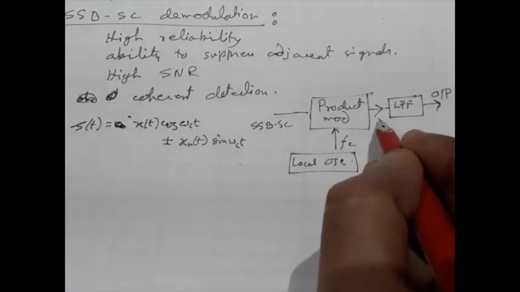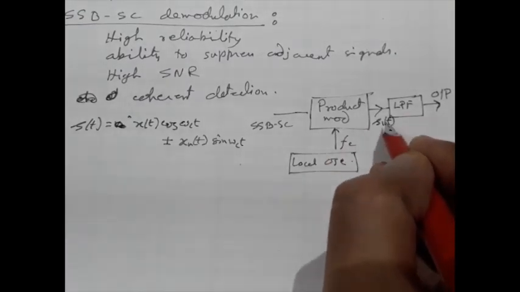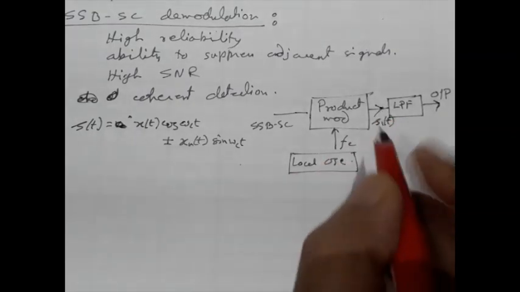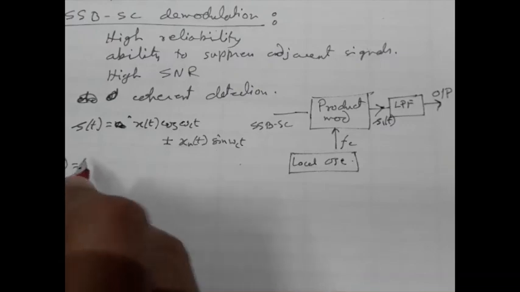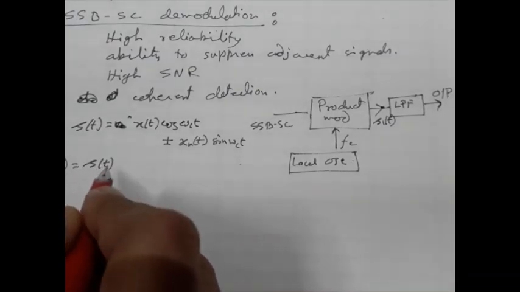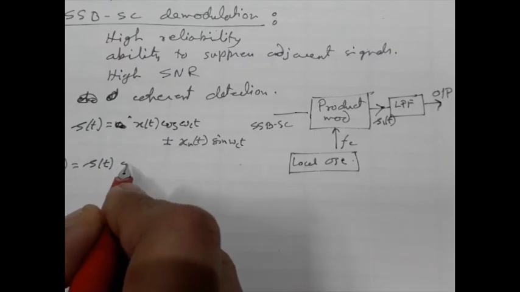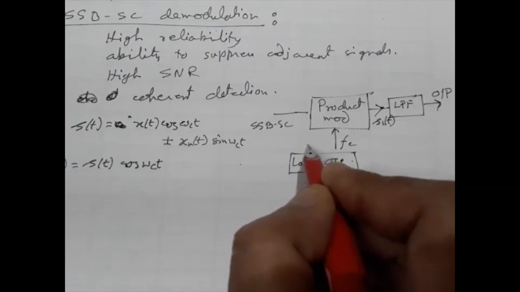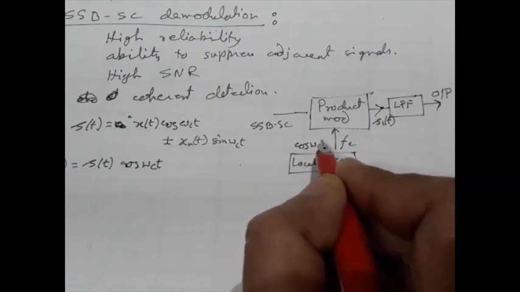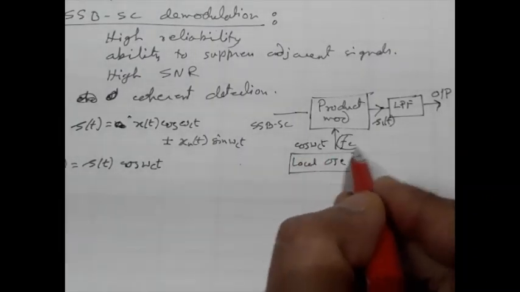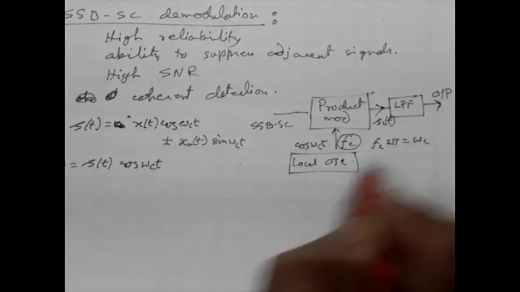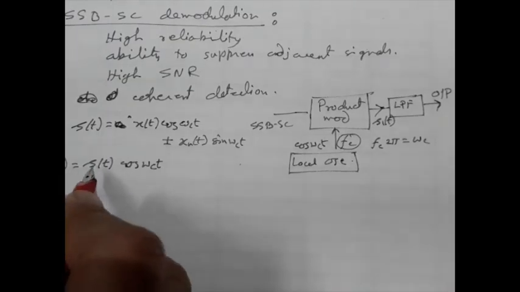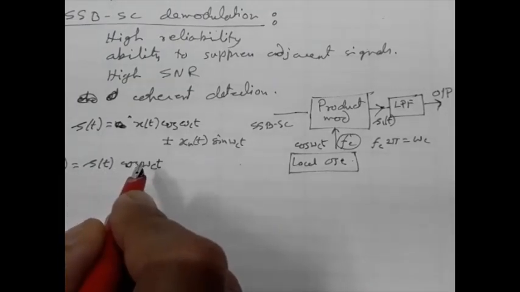Now suppose the signal at the output of the product modulator is, say, S1(t). So S1(t) is equal to S(t) multiplied by cos omega c t. This local oscillator is generating cos omega c t at frequency fc. fc into 2 pi is equal to omega c.